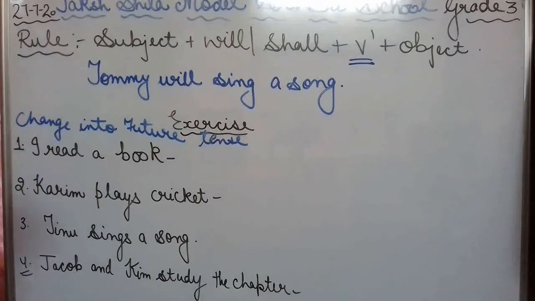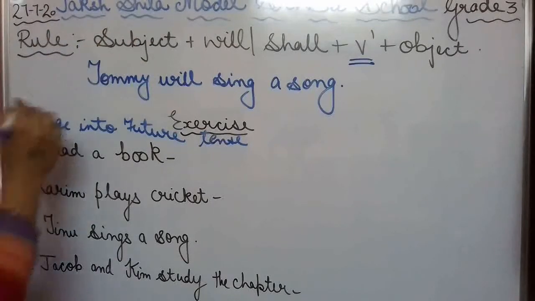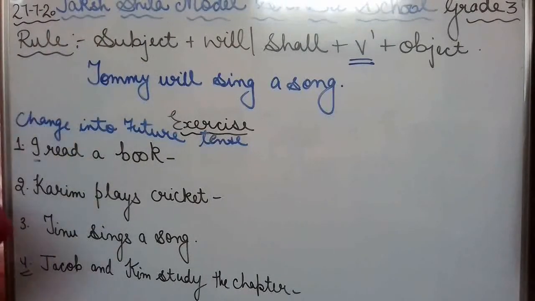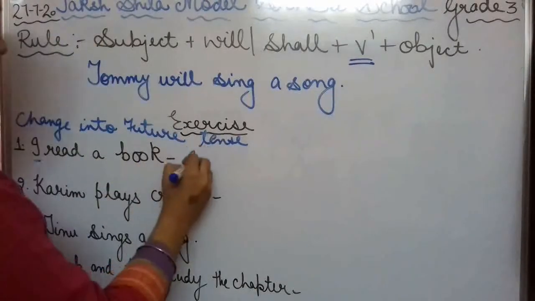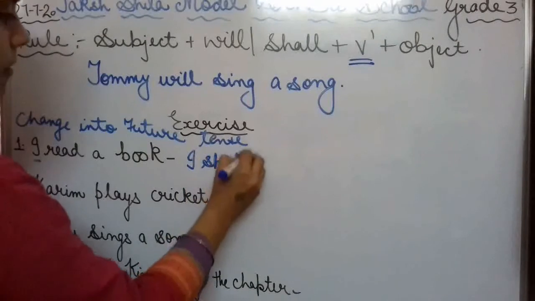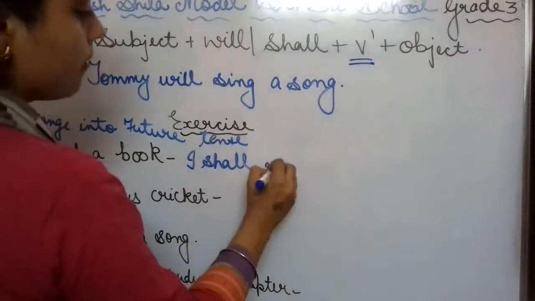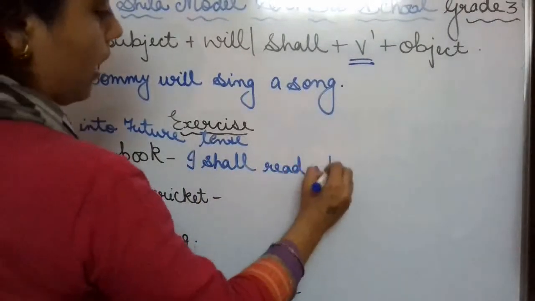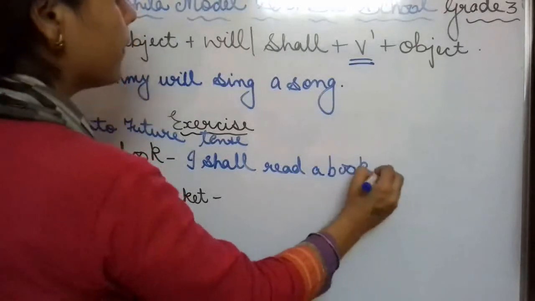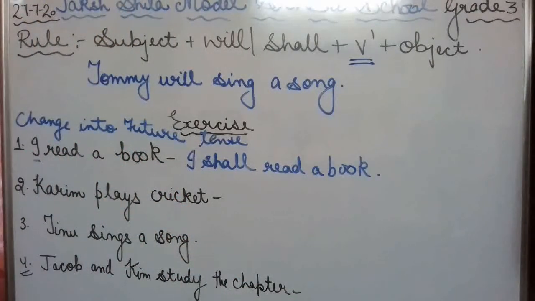So according to the rule we will move. Subject is I. Now what do we have to do? I read a book. So, I shall read a book. There, shall is used with I and we. Kareem plays cricket. Here Kareem is a singular noun, right?